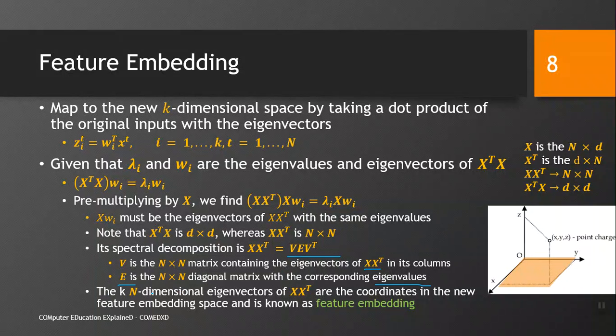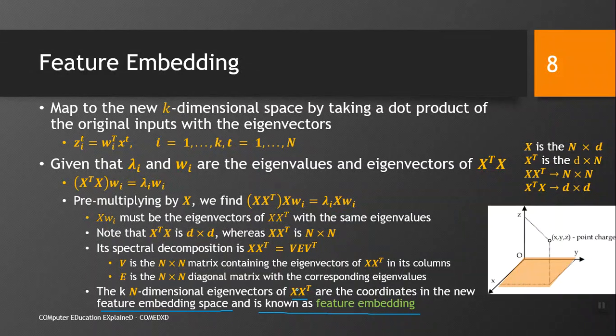The k n dimensional eigenvectors of x x transpose, if we have reduced it to k dimensions. We have seen in the previous PCA how we reduce them. We filter out some of the eigenvectors and we keep some of the eigenvectors. This is a very important point to understand. Let us look at it here again. The k n dimensional eigenvectors of this matrix, which is a covariance matrix, are the coordinates in the new feature embedding space and are known as feature embedding.